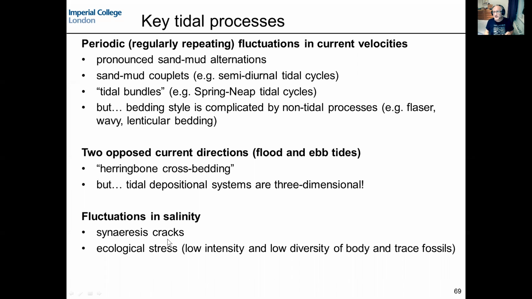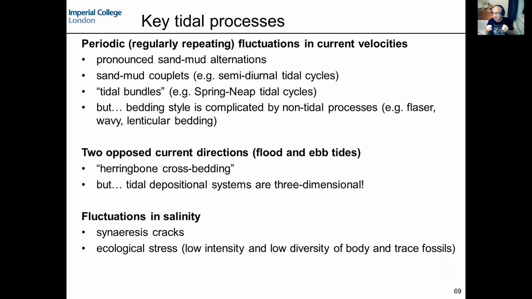We can also see some more indirect evidence of tides. So often we have mixing of fresh water and marine water, which gives us brackish water salinities in many tidal environments, and that salinity can change. The expression of that changing salinity can be cracks. Clays, for example, can shrink and then swell to open up cracks as the water chemistry changes.